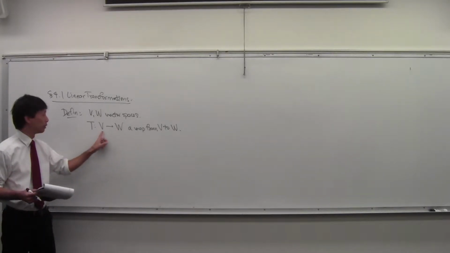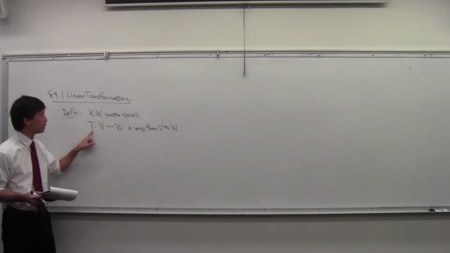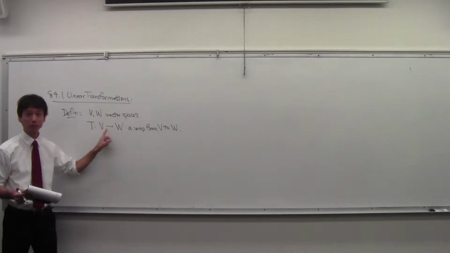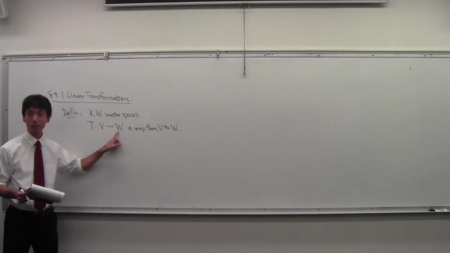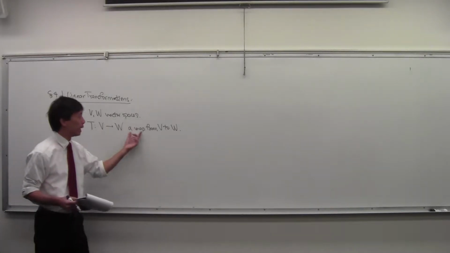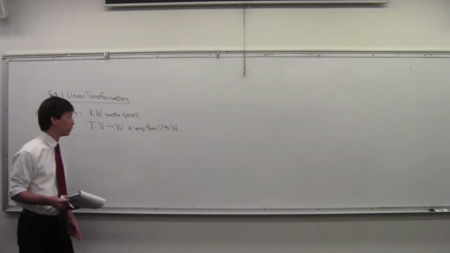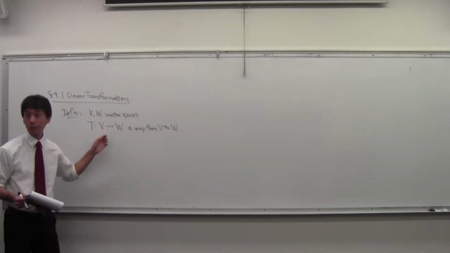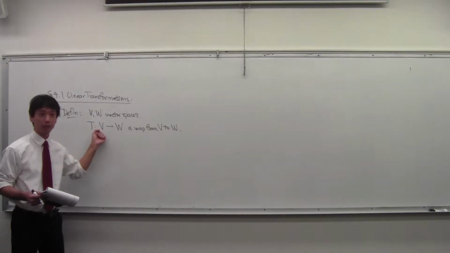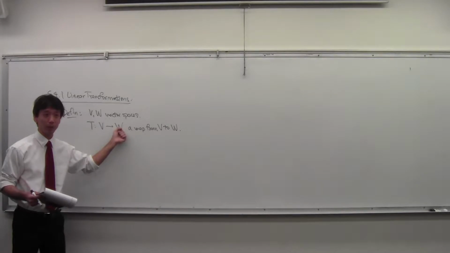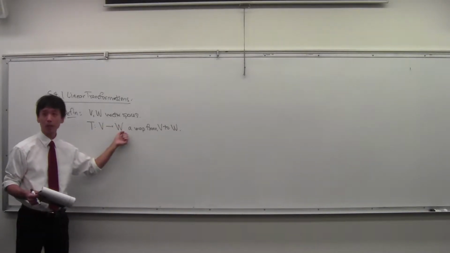I don't know if you've seen this notation before. T is a map from this space into this space. Okay, so it's a map from V into W, from one vector space to another. In other words, it takes a vector in V and gives you back a vector in W.